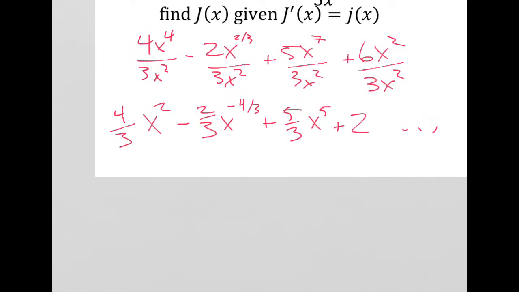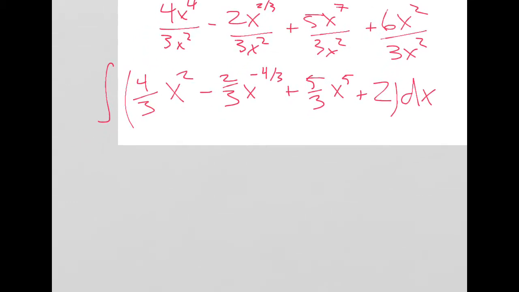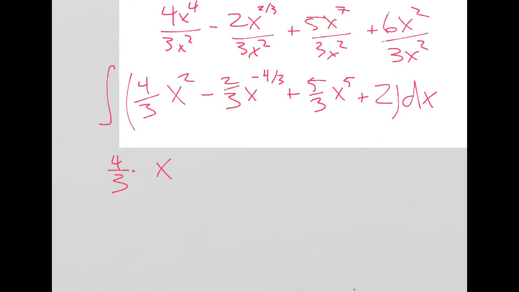So I'm going to be lazy real quick and throw my integrate symbol right there, put my dx back there. That's what we're trying to find. So let's do it. We have 4/3 times x squared is going to become x cubed, and we're going to be dividing by 3, which is the same as multiplying by 1 over 3, minus 2/3 times x to the power of negative 4/3.